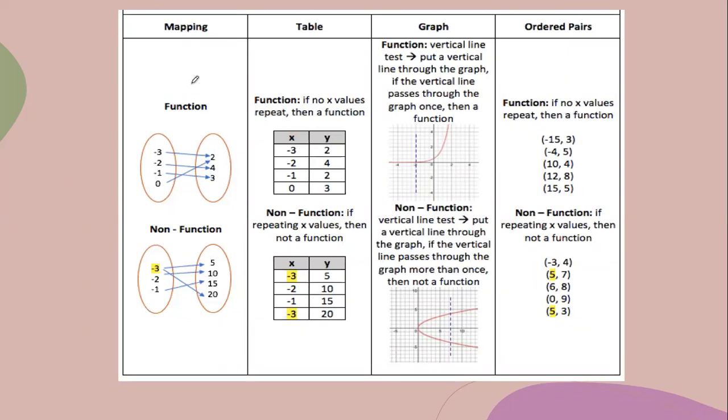Okay. So for a mapping, in order for it to be a function, remember every x can only have one y. So -3 is with 2, -2 is with 4, -1 is with 3, and 0 is with 2. Does every x only have one y?